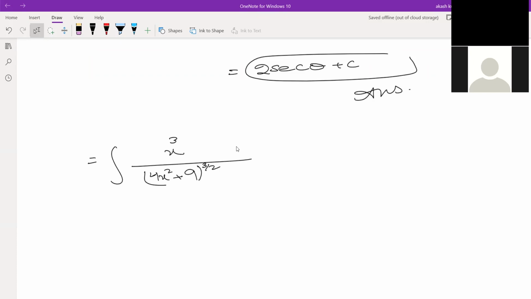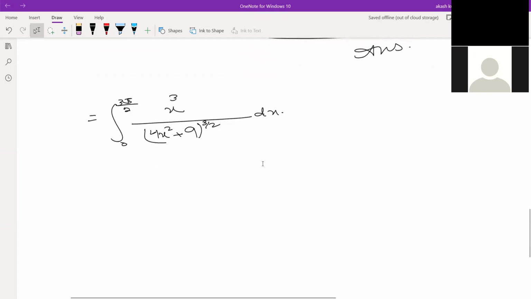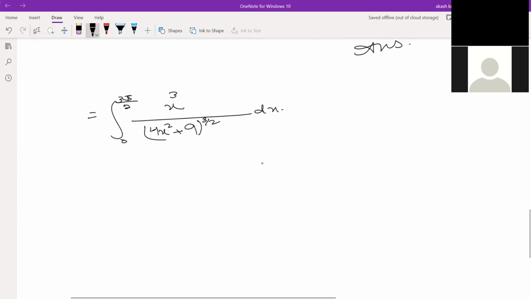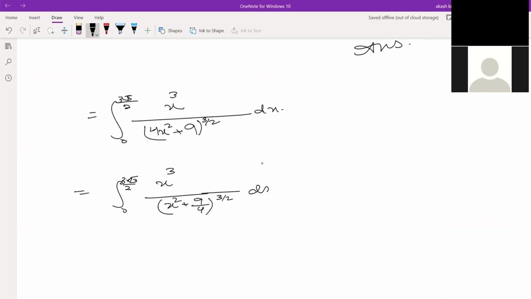Three by 2 dx, and integration from 0 to 3 square root 3 by 2. Can I write my denominator like this? x cubed, integration from 0 to 3 square root 3 by 2, x squared plus 9 by 4, power 3 by 2 dx.